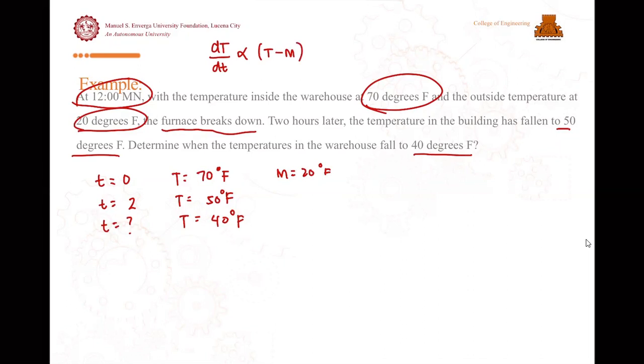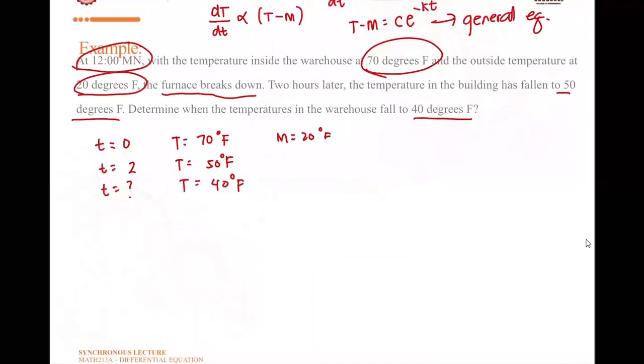Then like what we did earlier, we have proportionality, so we can introduce a constant of proportionality. That will be K, T minus M. But since we're dealing with Newton's law of cooling, again, we have a negative sign here. Okay? Then when we solve that differential equation using separation of variables, we get T minus M equals C e to the negative K t. Okay? Which is our general equation.